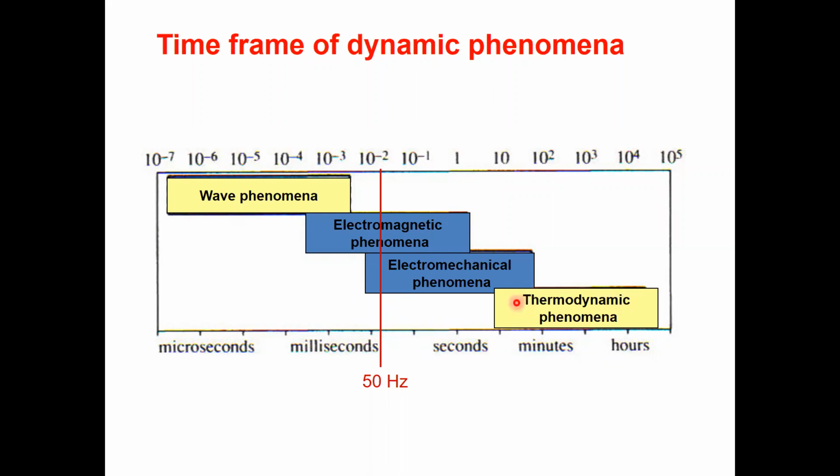And thus the thermodynamic phenomena, as in the case of a steam turbine, could take from a few or several minutes, even up to several hours. Because let's say you want to start your thermal power plant generator, right?